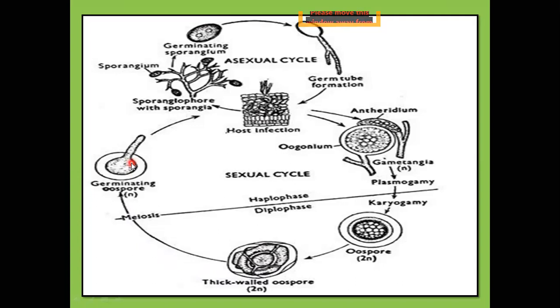So this is the disease cycle of Peronospora destructor. Oospores are formed by fusion of the male and female gametes. Finally, oospores germinate under favorable conditions and attack growing onion plants.